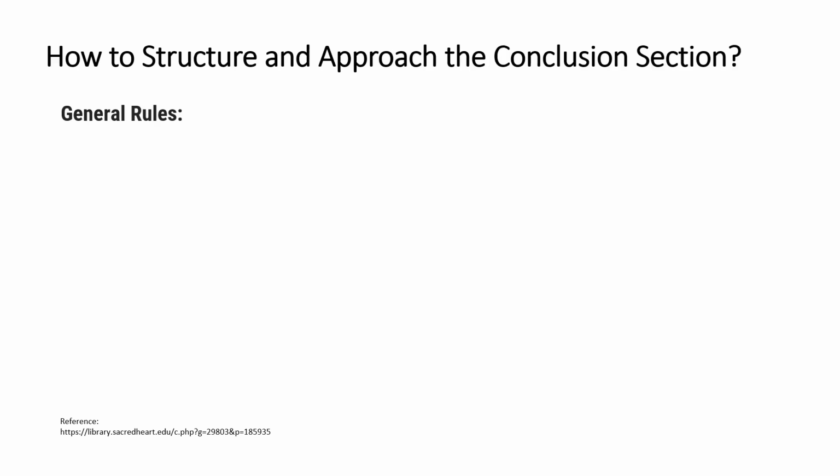So how do we write and structure, approach the conclusion section? Take note that the function of your paper's conclusion is to restate the main argument. So it reminds the reader of the strength of your main arguments and reiterates the most important evidence supporting those arguments.